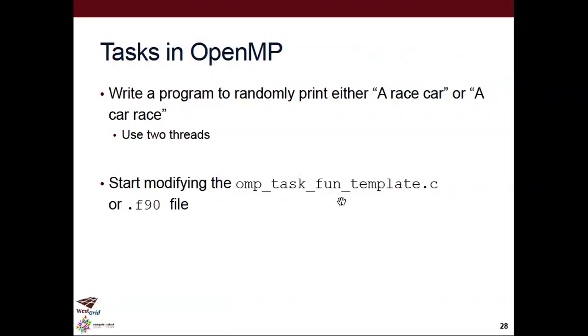You are going to use 2 threads to do this, and the template is just a way to put tasks in the correct position. I basically wrote the code for you, so you just open the file and put those OMP directives in the correct place. If you run it once or twice, sometimes you'll get a race car, sometimes a car race, depending on which thread picks which task to run. So I'll share my screen.